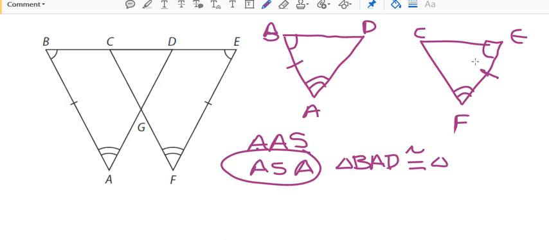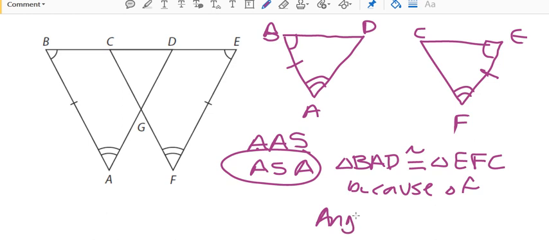One, two, no, one, two, no. So to triangle EFC because of angle, side, angle theorem. So again, these ones are going to be congruent because of angle, side, angle.